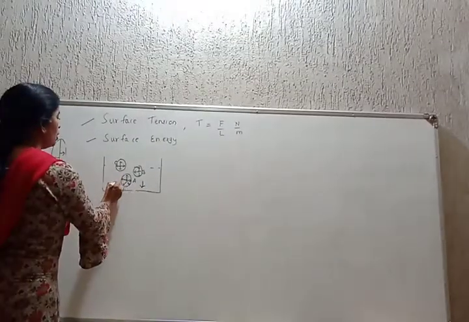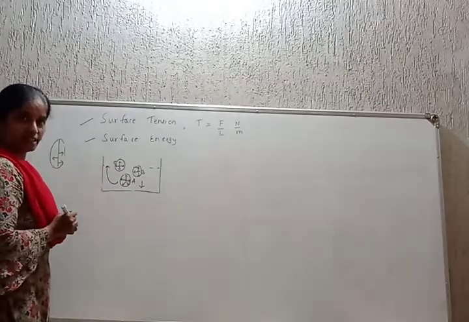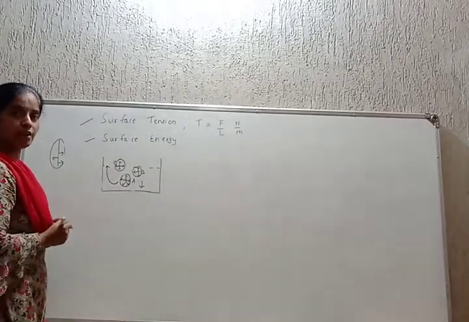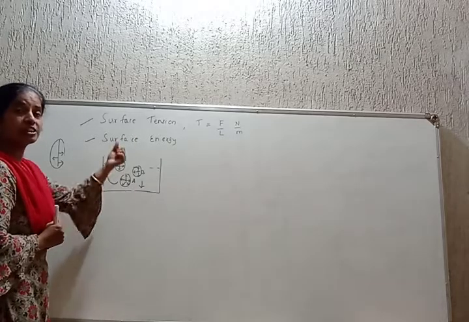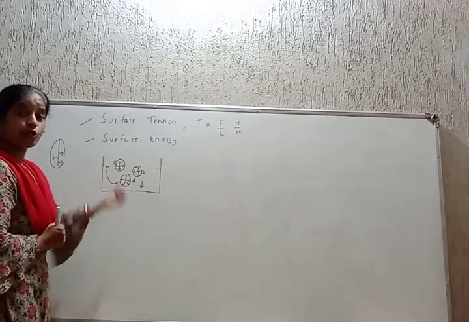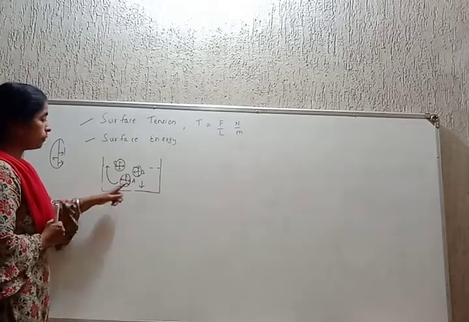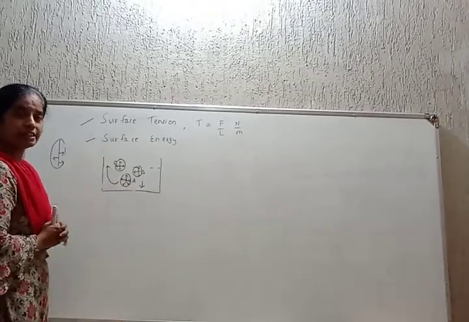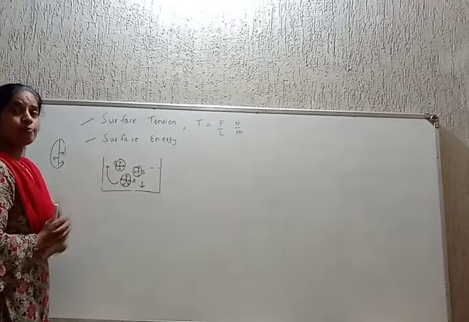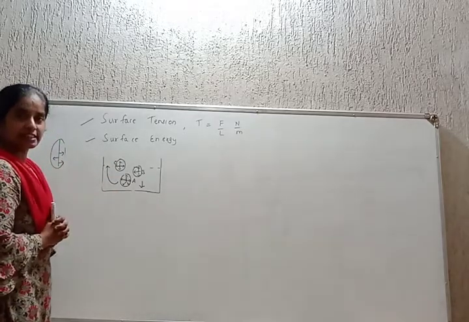If I want to bring the molecule A towards the surface, I have to perform work. Work against what? Work against the cohesive force which pulls it down, your net force which pulls it down. Every time I perform work to bring the molecule A from within the liquid to the surface, the potential energy of the molecule increases.